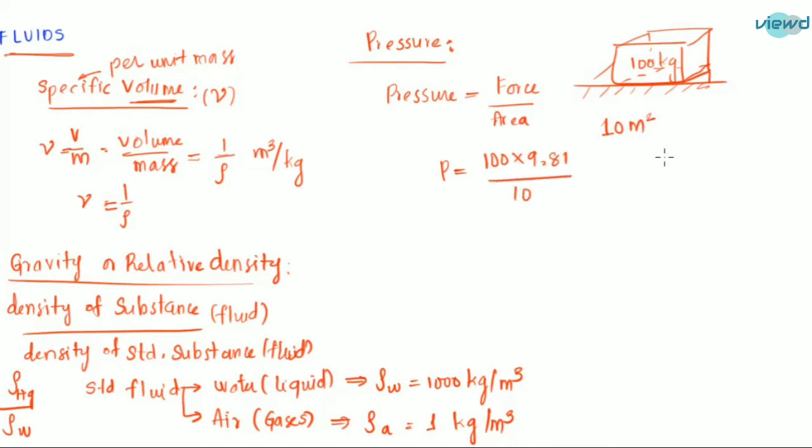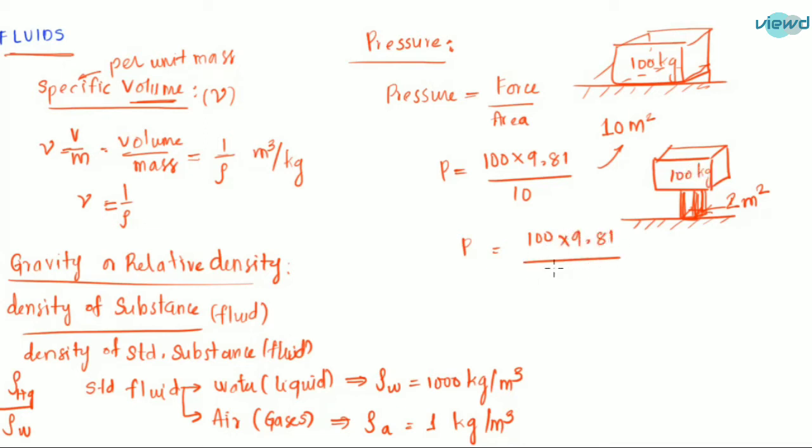If the same 100 kg is placed on a small bar, and this bar is placed on the surface with an area of 2 meters square, the pressure will be 100 into 9.81 divided by 2.